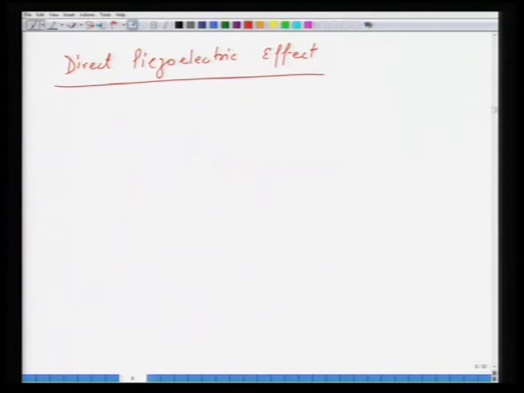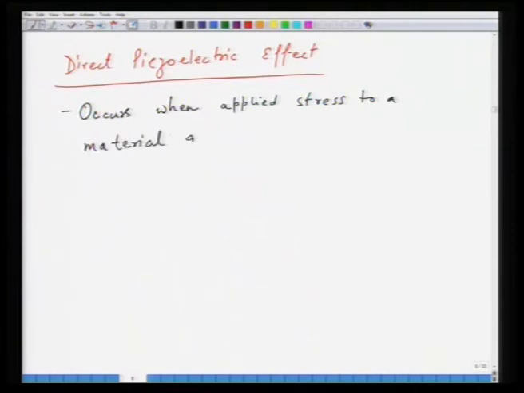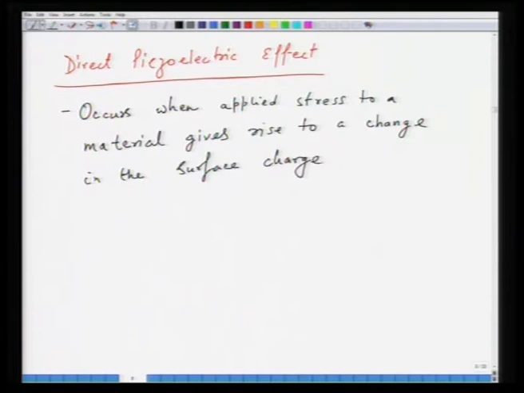So direct piezoelectric effect occurs when applied stress to a material gives rise to a change in the surface charge density, or change in the polarization, which can be detected as either electric field or potential across the sample.